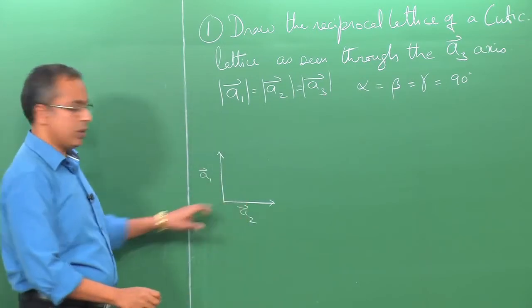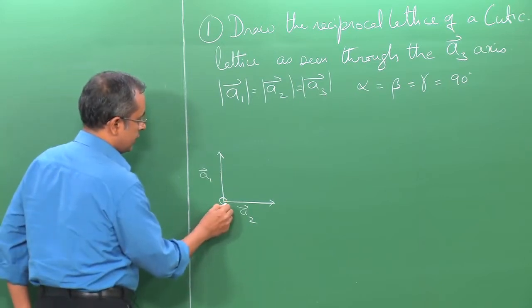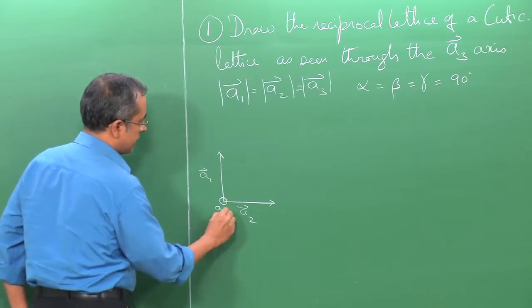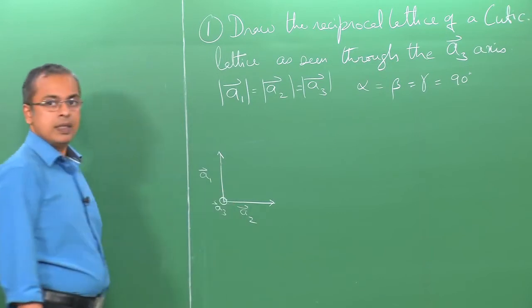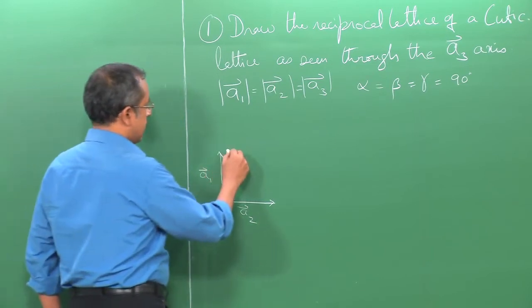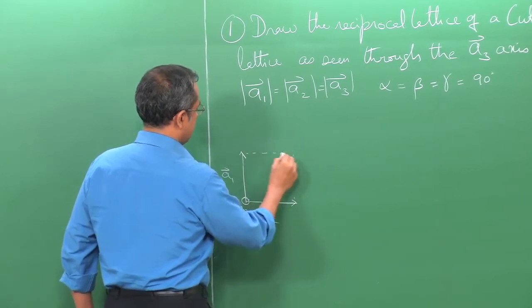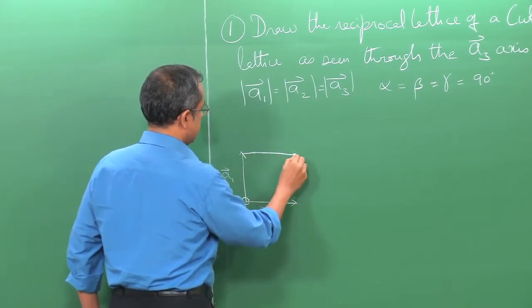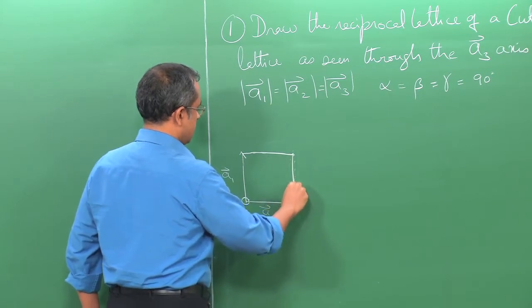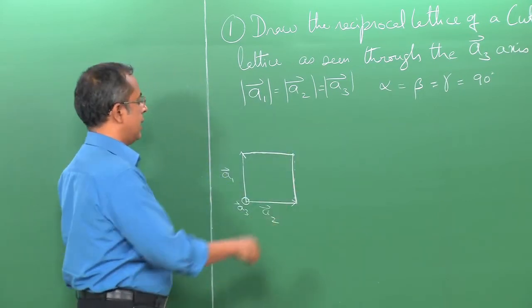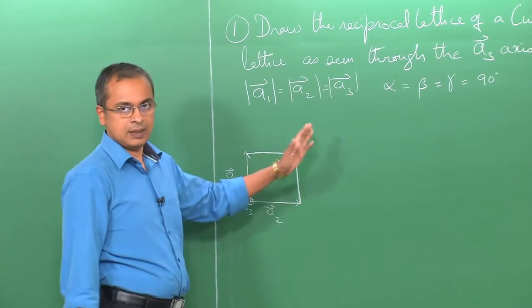And A3 is perpendicular to the plane of the board. So, we simply draw a circle here indicating that A3 is there, but it is perpendicular to the plane of the board, right. So, now we will complete this lattice. So, this is how it will be. So, it is a cubic lattice, and then you can add additional points to fill up the space, right.